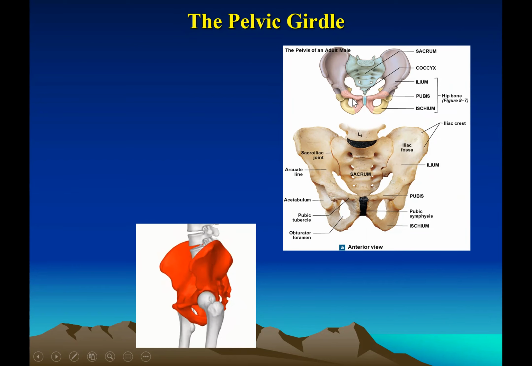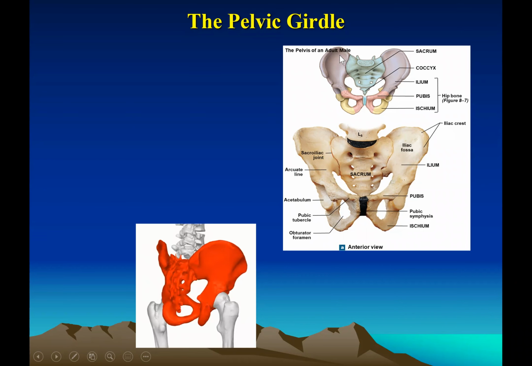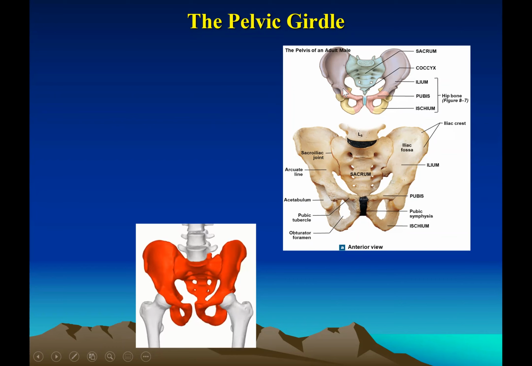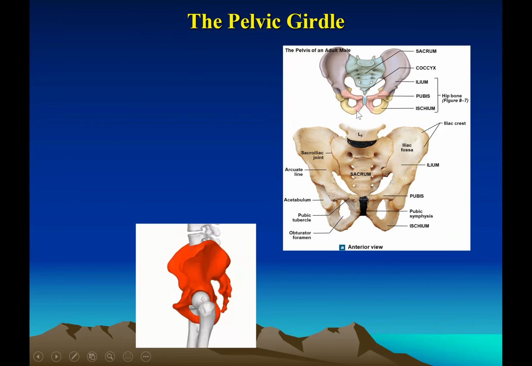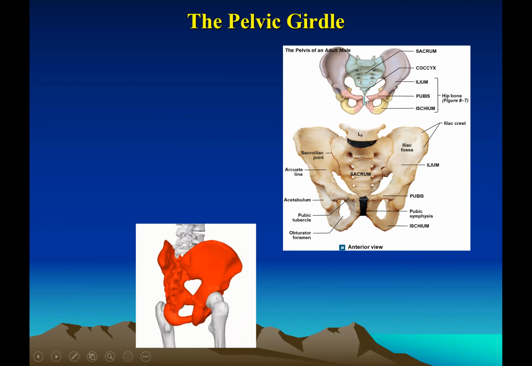If you take the coxa, it is actually three bones that are fused together. The purple is the ilium, the yellow is the ischium, and the pubis. They are held together by the pubic symphysis fibrocartilage.